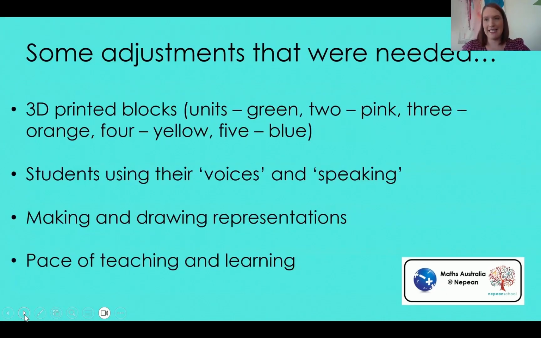So as Esther said, there have been some adjustments that have been needed, as with all programs. The reason that I thought that Maths Australia would be the right fit for Nepean is that a few years before that, we had started a literacy program, Read Write Inc., and Little Learners Love Literacy and Fresh Start.